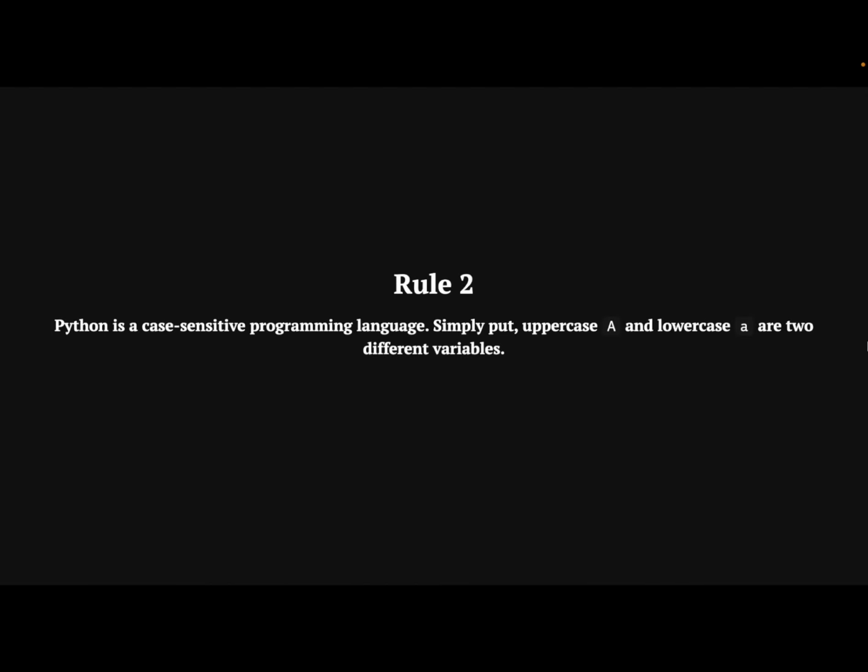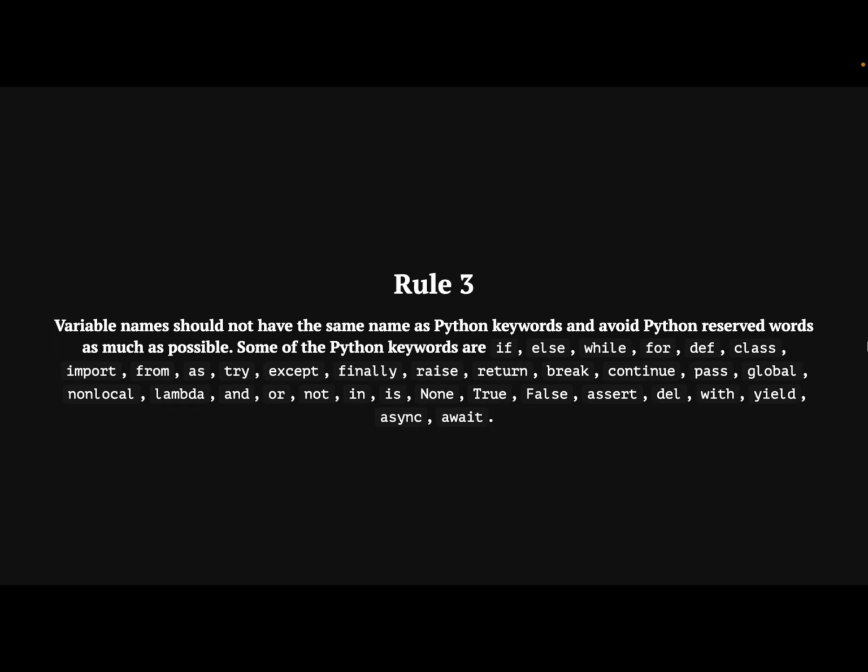Python is a case-sensitive programming language. Simply put, uppercase A and lowercase a are two different variables. This is not actually a rule, but something that everyone needs to pay attention to. Rule number 3. Variable names should not have the same name as Python keywords, and avoid Python reserved words as much as possible.